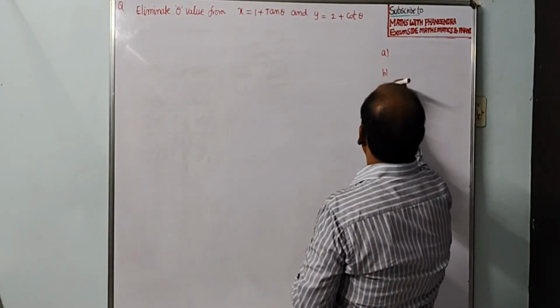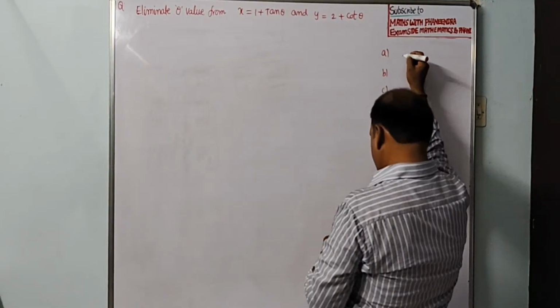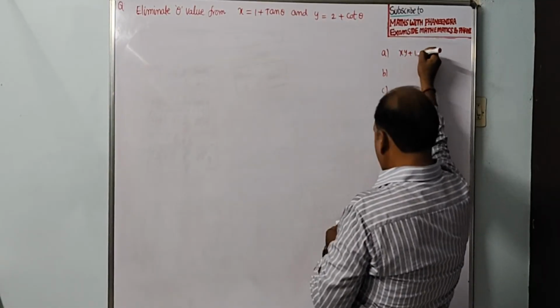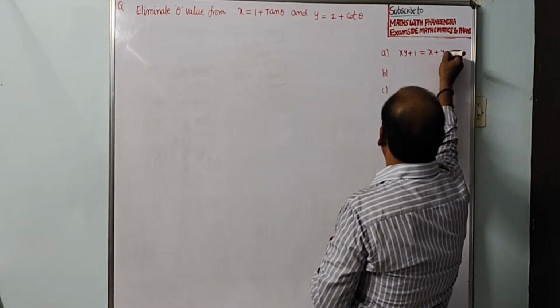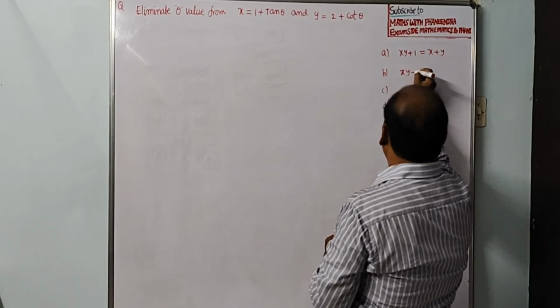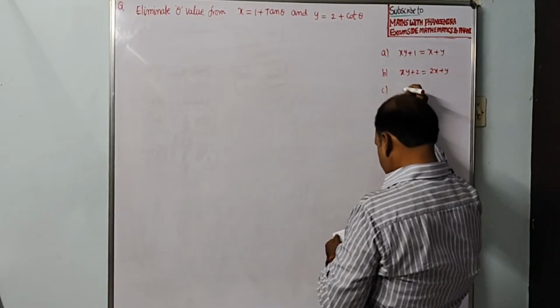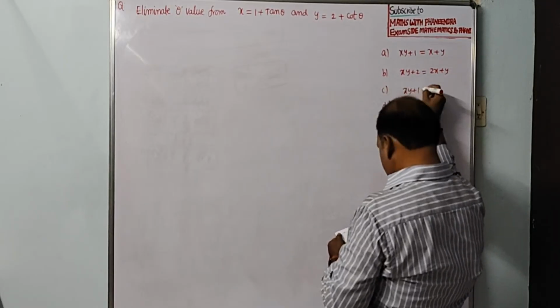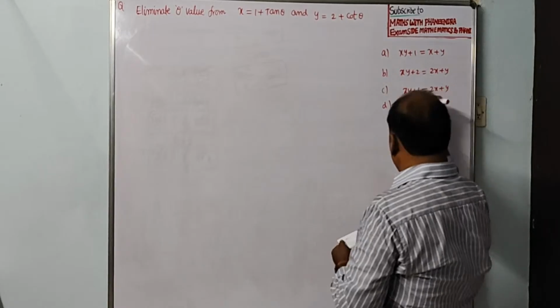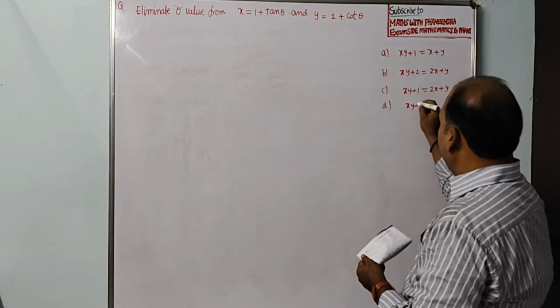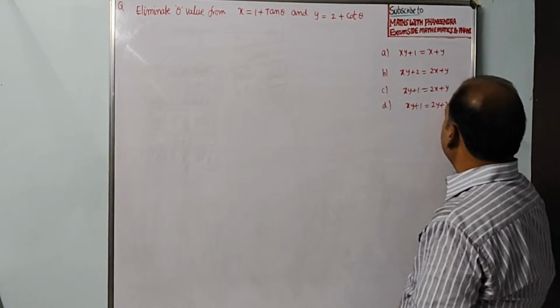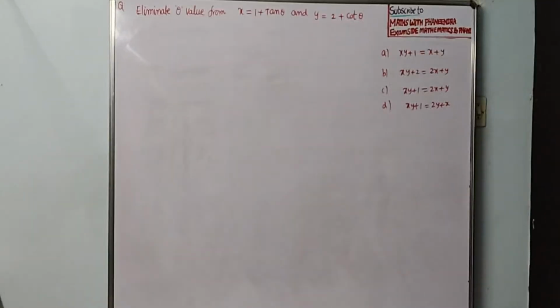So options are provided here. Xy plus 1 equal to x plus y. Xy plus 2 equal to 2x plus y. Xy plus 1 equal to 2x plus y. Xy plus 1 equal to 2y plus x. So these are the questions, dear students.